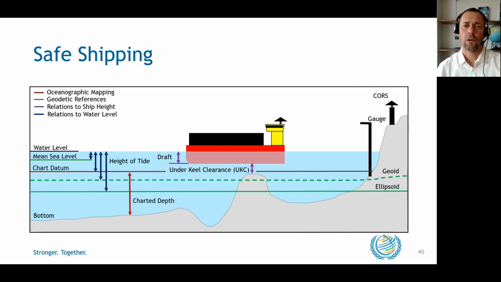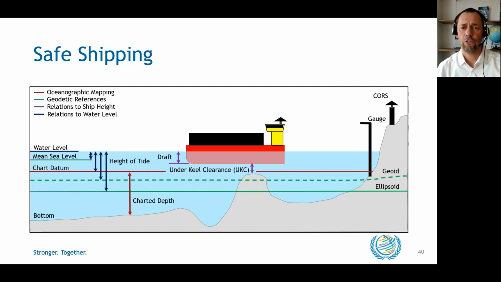Now, we set a cargo ship in the water. And depending on the type of the ship and the load the ship carries, we have to consider a different draft. The underkeel clearance, which is important to know for safe shipping, is then a result of all the variable parameters given by the sea level and the ship's draft.